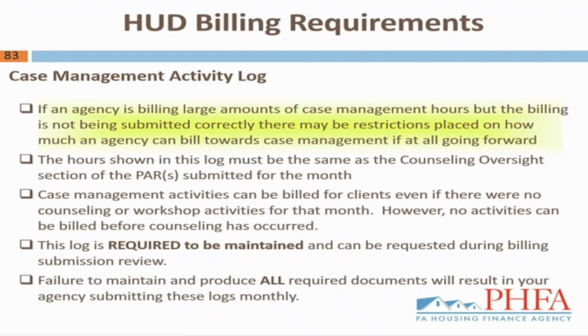Further, if an agency is billing large amounts of case management hours, but the billing is not being submitted correctly, there may be restrictions placed on how much an agency can bill towards case management, if at all, going forward. The hours shown in this log must be the same as the counseling oversight section of the PAR submitted for the month.